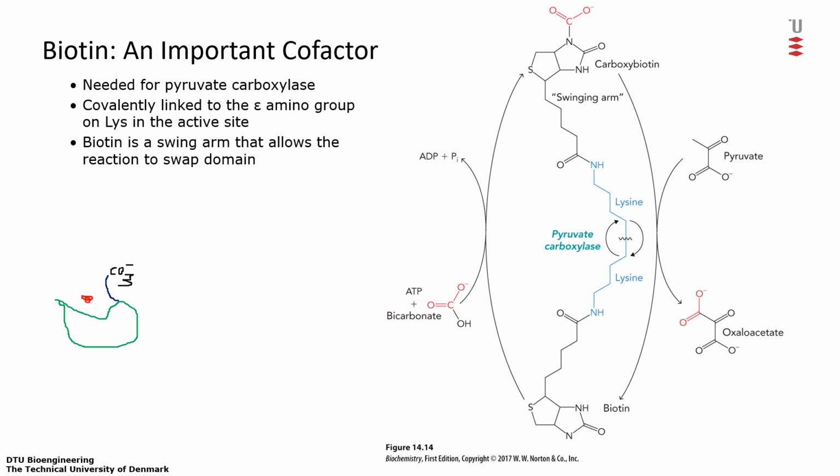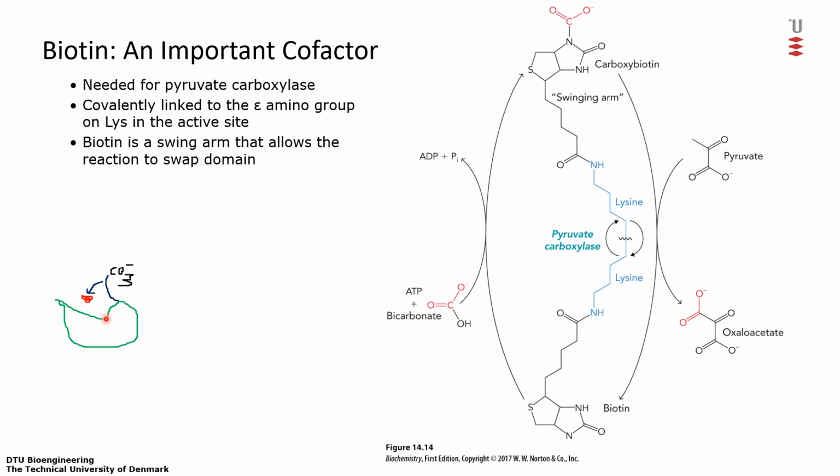Now, what will then happen is that one has to imagine that this part will move in this direction inside the enzyme, and then it will attach itself to the pyruvate down here.